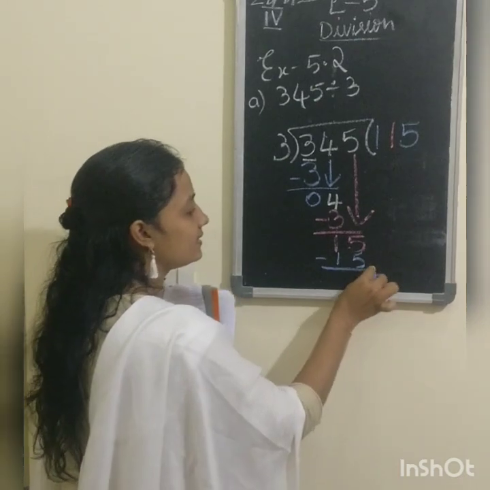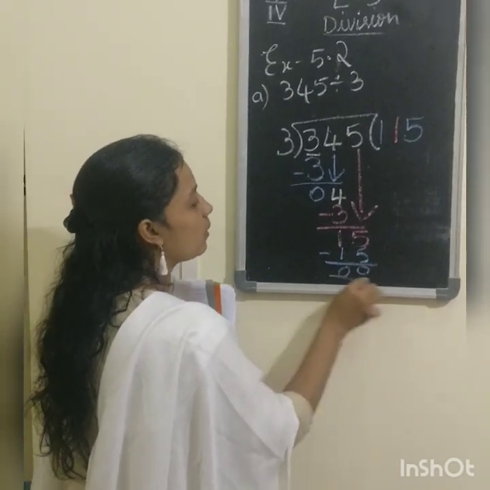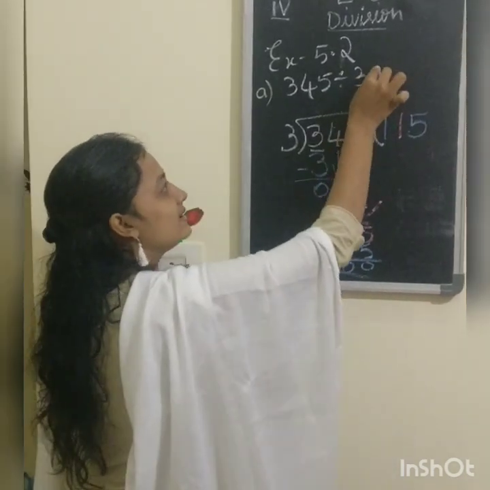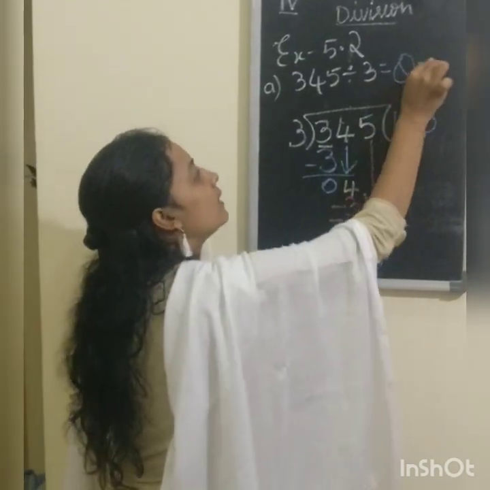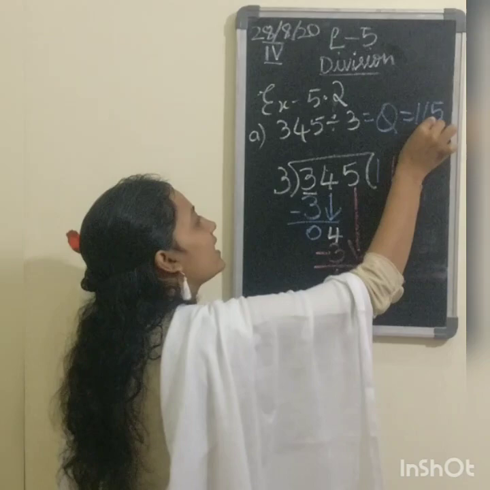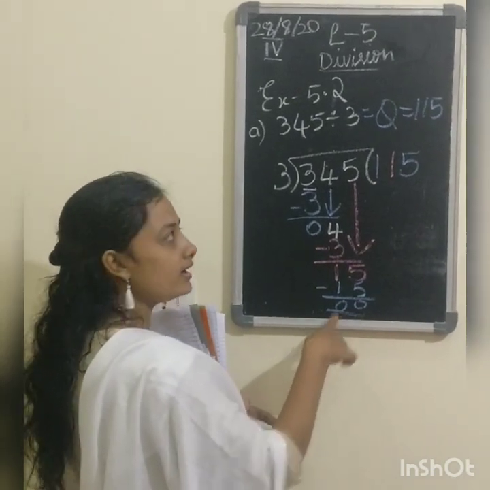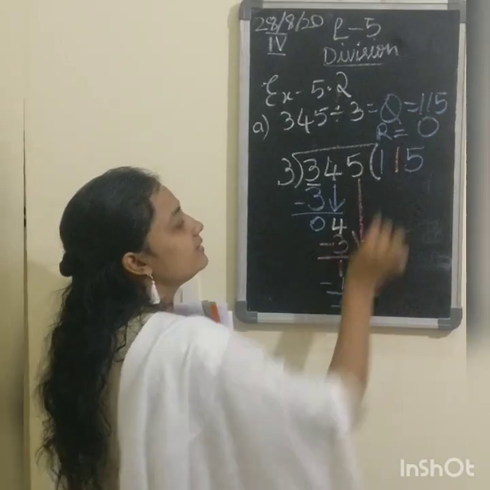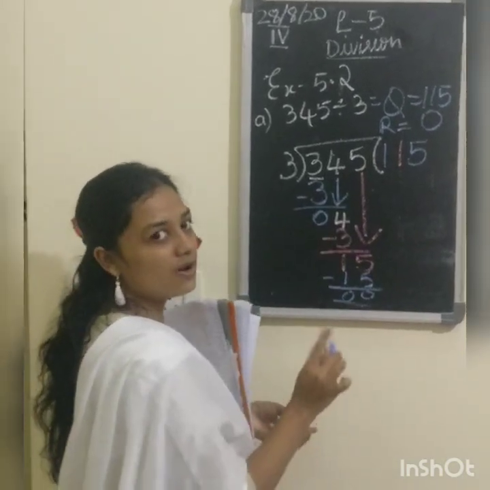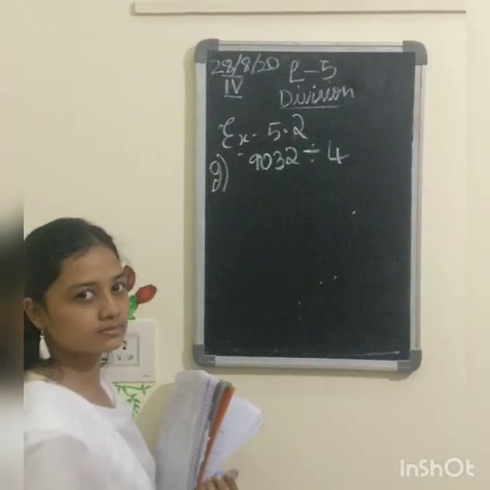And my remainder now is 0. Now how to write the answer here? Quotient, that is Q is 115. And what is the remainder I got? 0. R, remainder is 0. So this is the answer for first one.